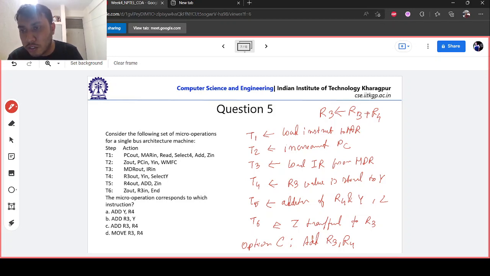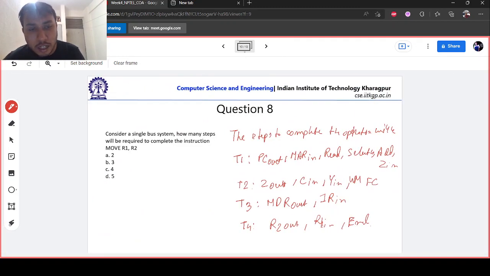The first three steps, T1, T2 and T3, basically do the same operation: load the program counter to MAR, increment the program counter, and load the IR from MDR. These are the basic operations to fetch the instruction into the IR. The same is done here.